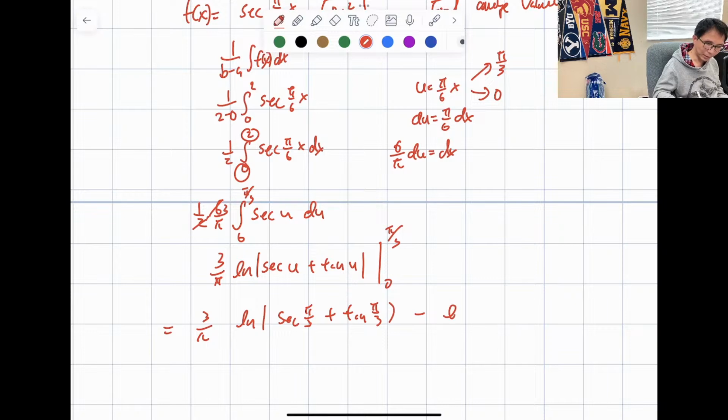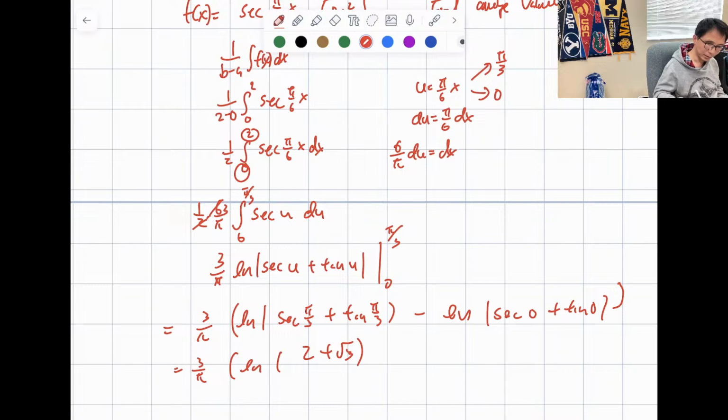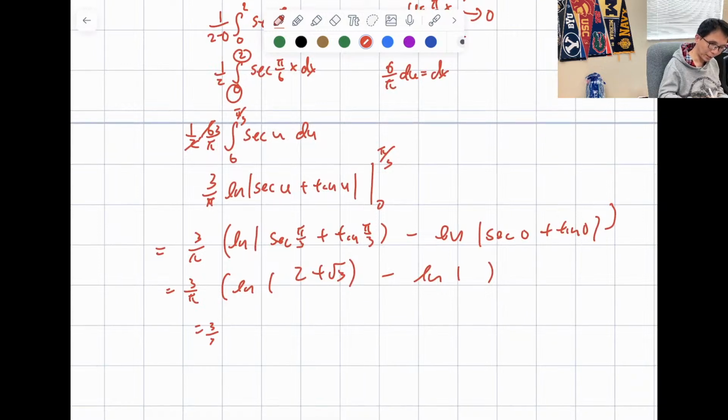And I'm going to say minus ln of secant of 0 plus tan of 0. So that's equal to 3 over pi ln of, secant of pi over 3 is 2, right, plus root 3, minus ln of 1, which is 0. So it'll be 3 over pi ln of 2 plus root 3. And that's the final answer too.